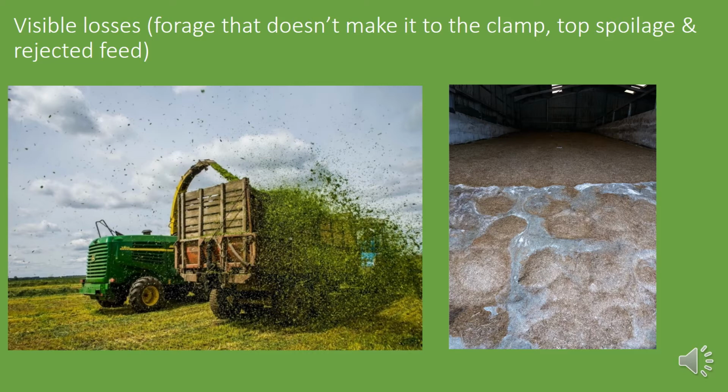The visible losses generally equate to those that occur due to forage that's not physically making it into the clamp. And you can see here that sometimes the trailer placement isn't good, or forage gets left in the field. Or it could also occur from silage that's thrown away before or after feeding, for example top spoilage or feed that gets rejected in the feed passage.